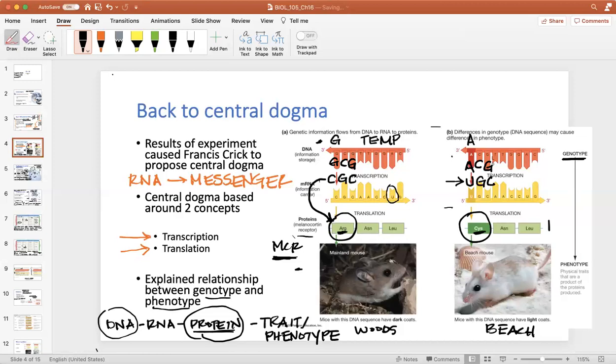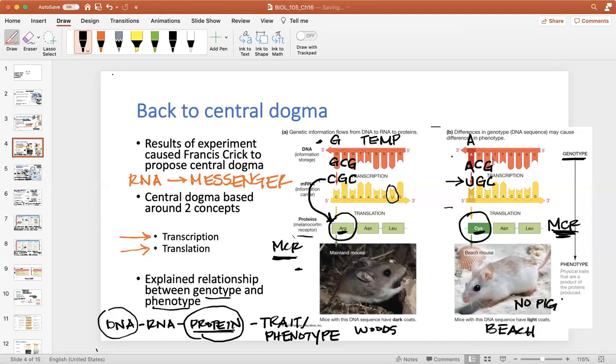The substitution of cysteine actually makes this protein, the melanocortin receptor, or MCR, a non-functional protein, meaning that this guy cannot make pigment. No pigment.